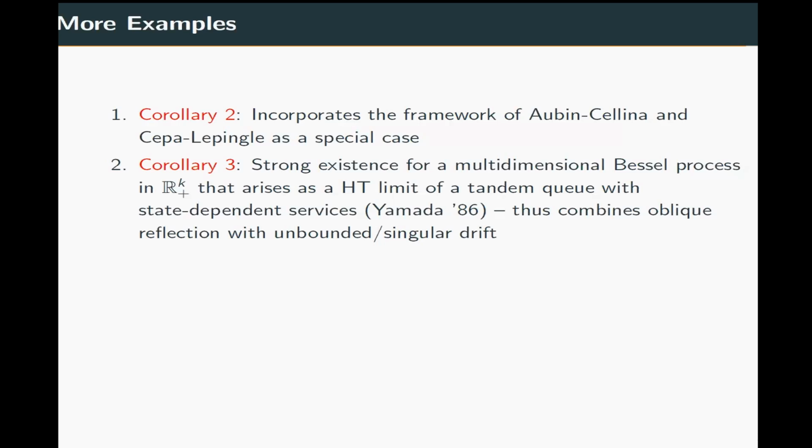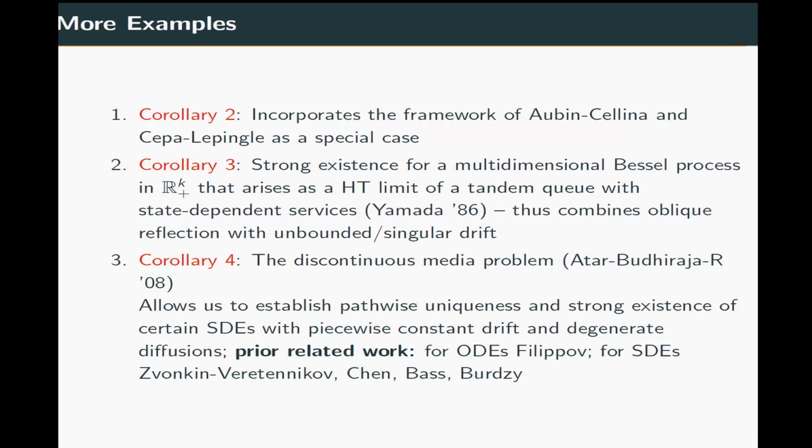So now this is a framework that allows you to combine oblique singularities with reflection and also discontinuities, which I'm not coming to, but there's a paper with Rami Attar and Amarjit Budhiraja, where we introduce something called the discontinuous media problem, where you just have a polyhedral cone with piecewise constant drifts, which could be different.